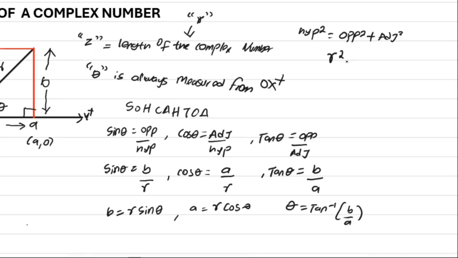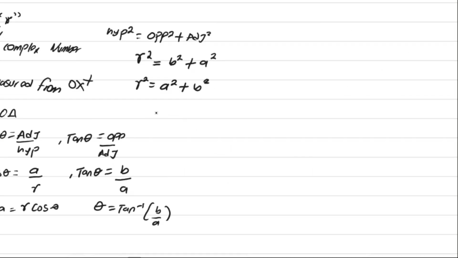R raised to power 2 is going to give us our opposite square, that's b square, plus our adjacent square, which is a square. Now r square is b square plus a square, which is the same thing as a square plus b square, because addition is commutative. So we can write this as a square plus b square.